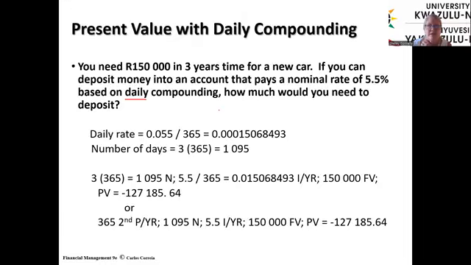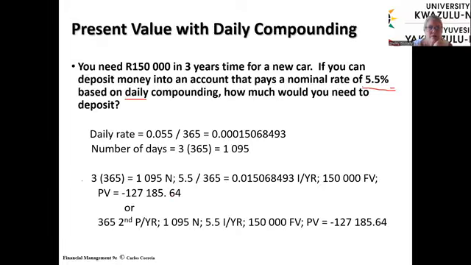Okay, so it's a lump sum deposit, and you've got a nominal rate of 5.5, and it's going to be compounded daily. So that daily rate would be 5.5% divided by 365. And your number of days in a 3-year period is 3 times 365, which is 1095.